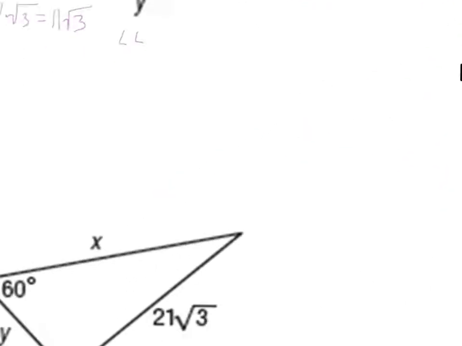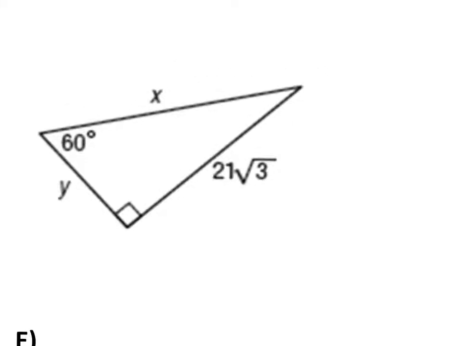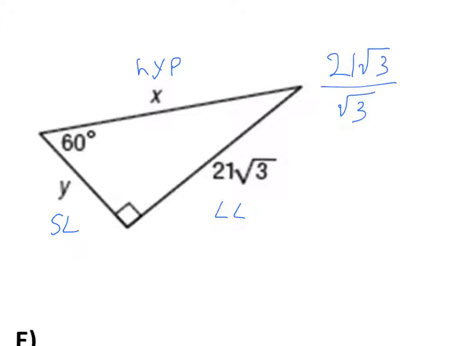Okay, let's look at C. Now we got some radicals here, so it's going to be a little trickier. But still, let's identify. We got hypotenuse, we've got short leg, we've got long leg. To go from the long leg to the short leg, we're going to go backwards. So we're going to take the long leg and divide it by radical 3. Hopefully you wrote that down in your notes. You should have those 4 rules for 30, 60, 90 triangles.